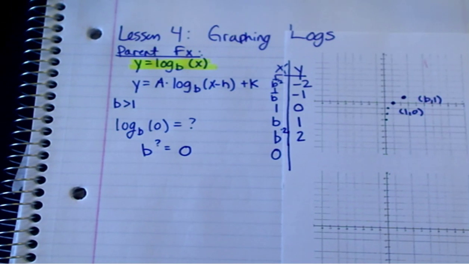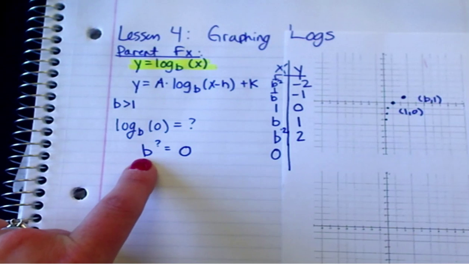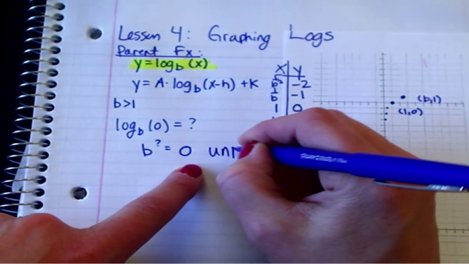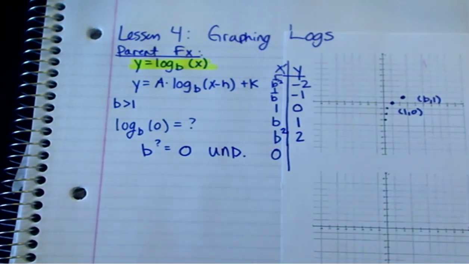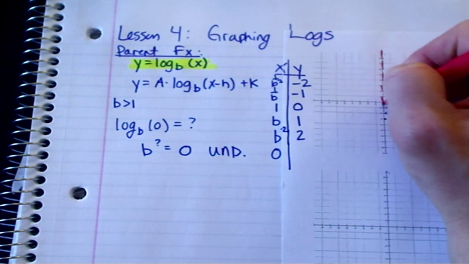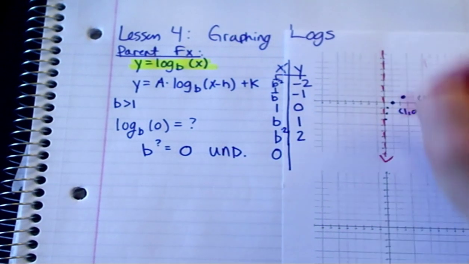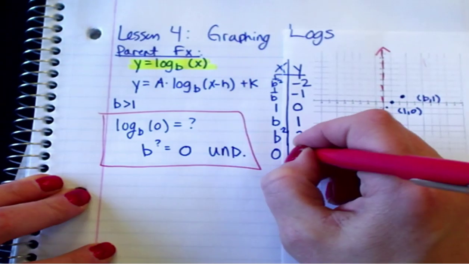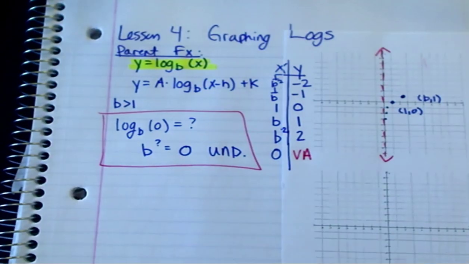You cannot get a power that will turn this into 0. Undefined. Oh, an undefined value means asymptote. That's what it meant in Unit 6. Gave me a vertical asymptote if it was undefined. Same thing in this unit. Just happens to show up in a different way. Vertical asymptote because it was undefined.